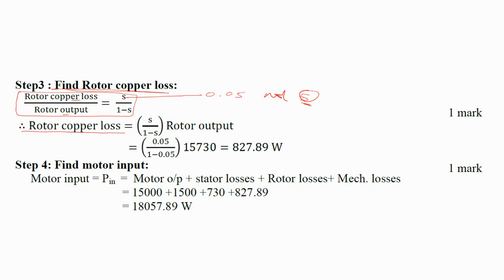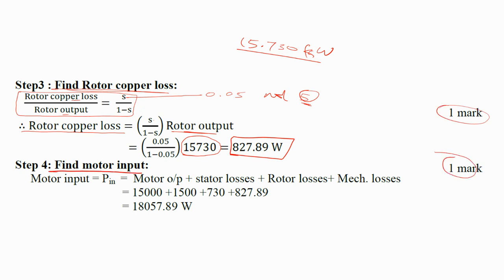Therefore rotor copper loss is equal to S divided by (1 minus S) into rotor output. We have already calculated rotor output, 15.73 kilowatt, and in terms of watt it is 15,730 watt. So by calculation the rotor copper loss is 827.89 watt. These are the marks which are allotted according to the steps.